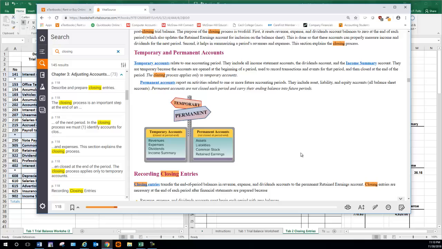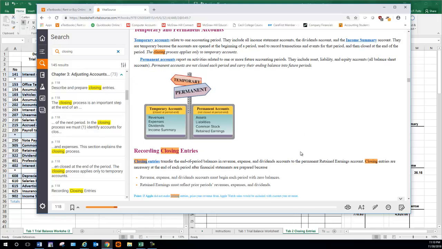But what we're going to do is separate our accounts into temporary accounts, as you see here, and permanent accounts. So our temporary accounts are closed at the end of the period. That period could be a month, it could be a quarter, it could be a year, however your entity reports, your business reports.